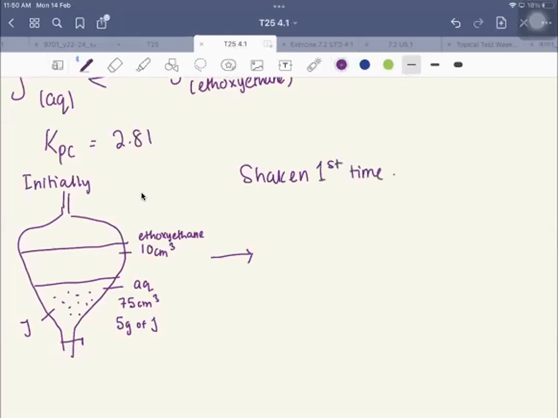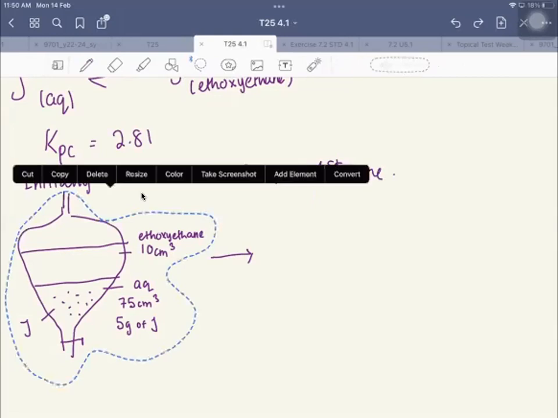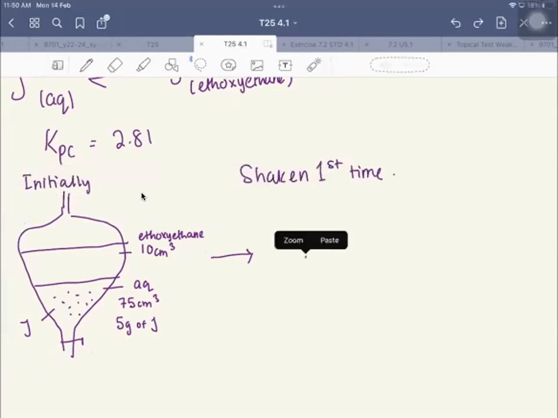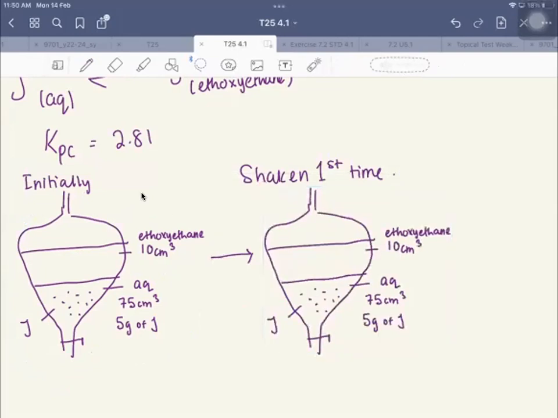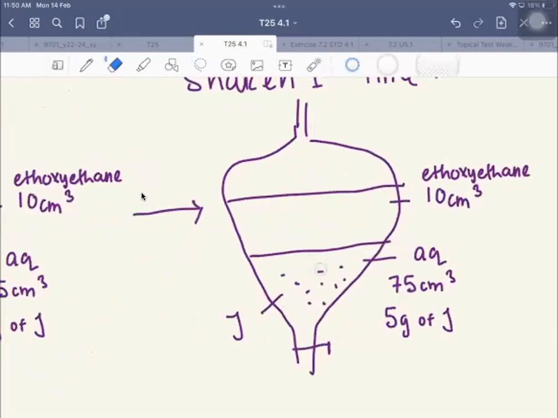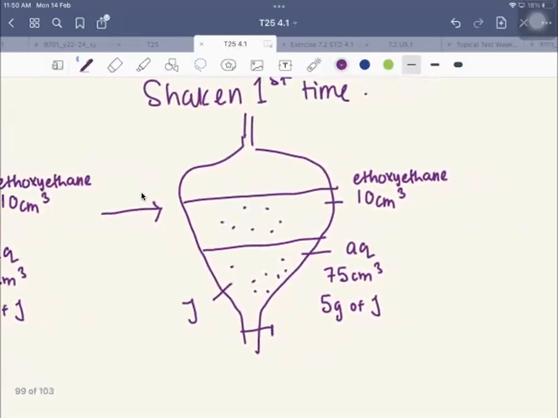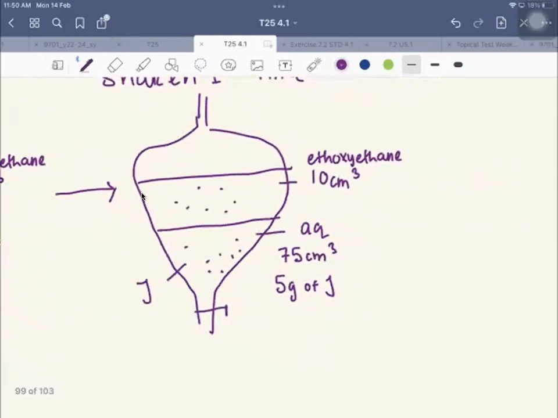Okay, and then I should have the same system, copy, paste, but this time I know that some of my solute has moved to the ethoxyethane layers.